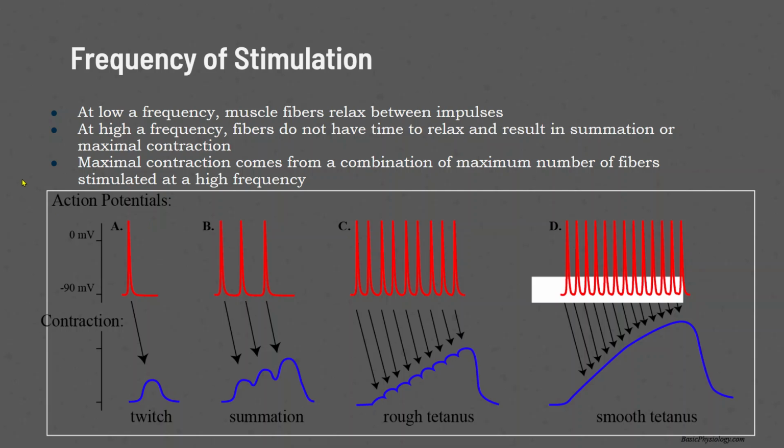How we change the force production of our muscle fibers from, say, a twitch to a smooth tetanus contraction is not by increasing the magnitude of the action potential, but by increasing the stimulation frequency or by increasing the rate coding. So if you have a slower rate coding, you'll have this very odd muscle contraction. If you increase the rate coding, you'll increase the smoothness of the contraction as well as the magnitude.